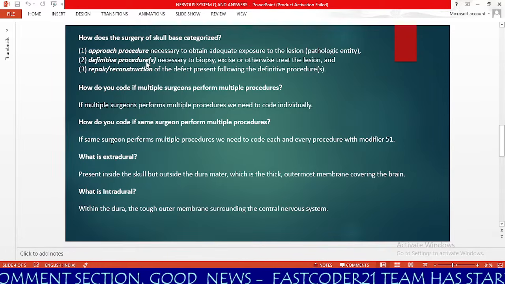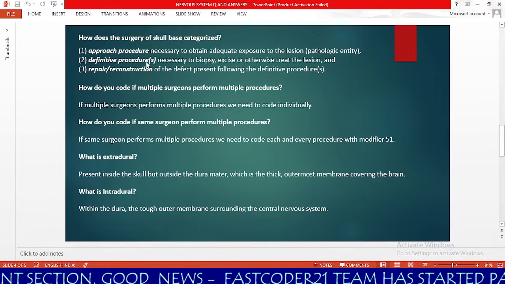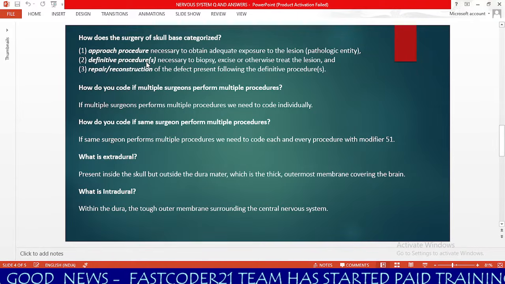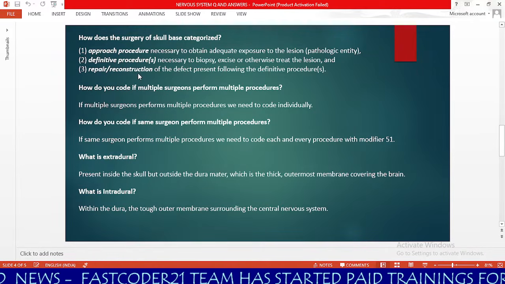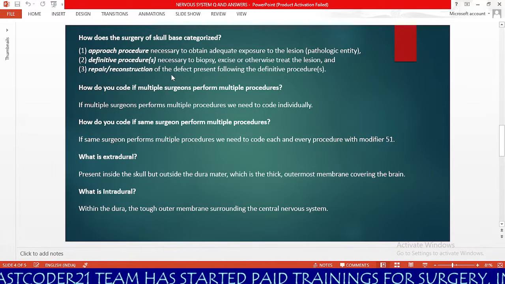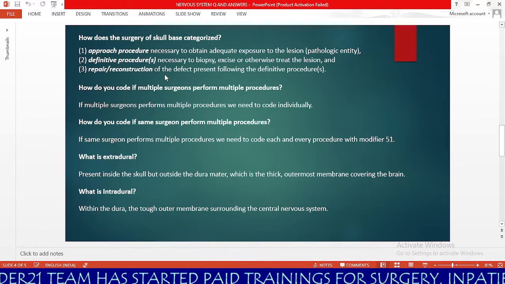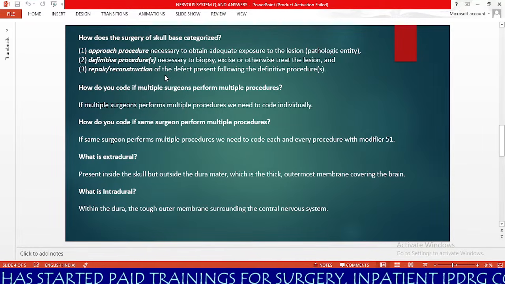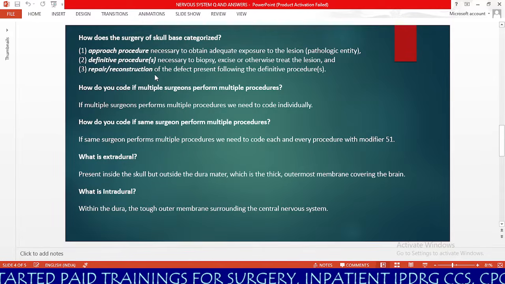Definitive procedure means the surgical procedure necessary to reduce or remove the patient's abnormality. Next one is repair or reconstruction of the defect present following the definitive procedure. As soon as the physician performs the definitive procedure, the physician will need to repair the defect. That one we need to understand.